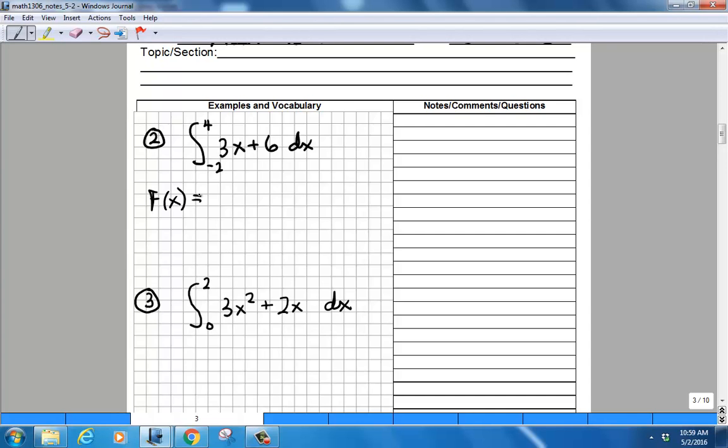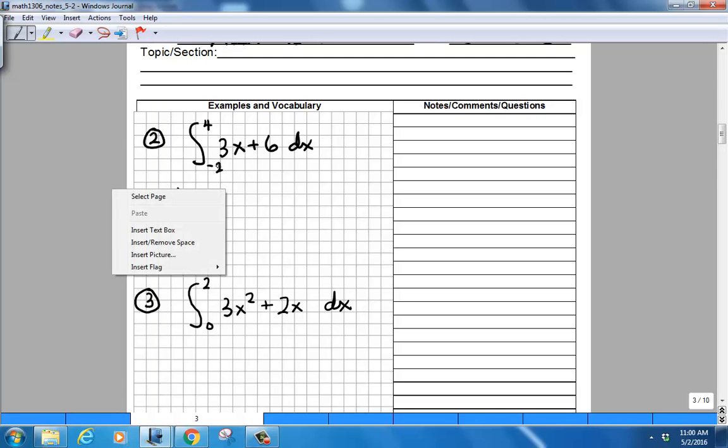In this case, you're going to just go term by term and try to find the antiderivative of each term. Again, you can use that reverse power rule. So what does the reverse power rule say? It's really easy to find the antiderivative of 3x.